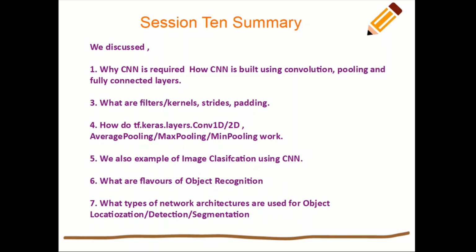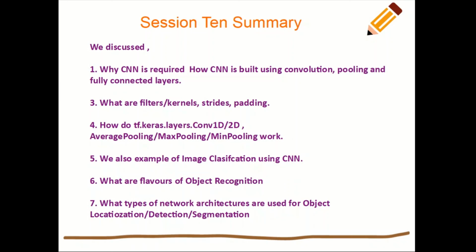Then we also have the concept of stride and padding, and then we discussed the convolutional 1D and 2D layers, average pooling, max pooling, min pooling. Then we also ran through image classification. So we can build a neural network having repetition of convolution layers and pooling layers, and then we flatten the output, and then we can use the dense layers.